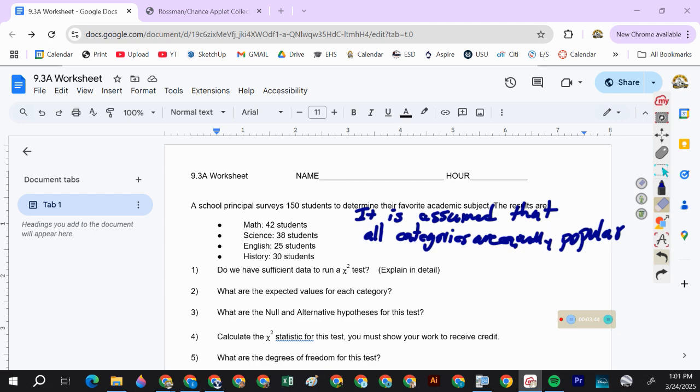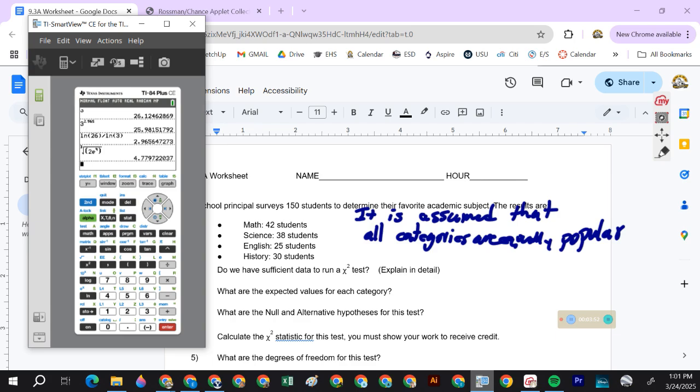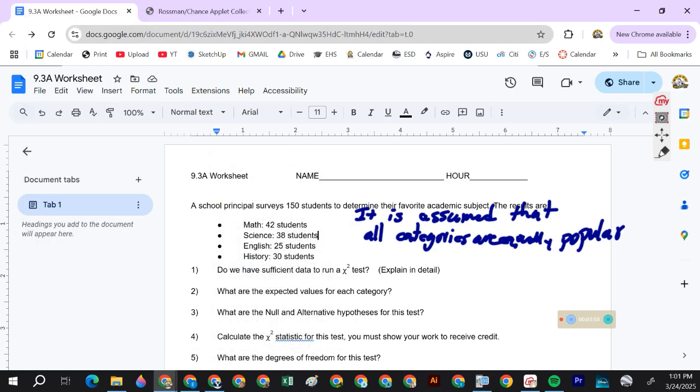So if everything is equal, what would we expect in each category? It would be 25% of 150. So 150 divided by 4 is 37.5. So we would expect 37.5 in each subject.